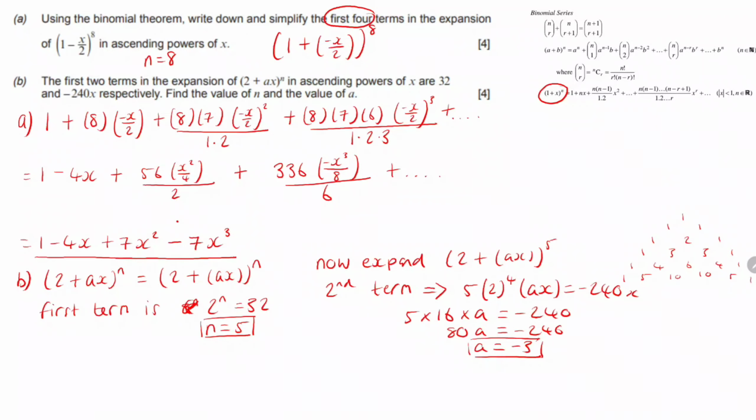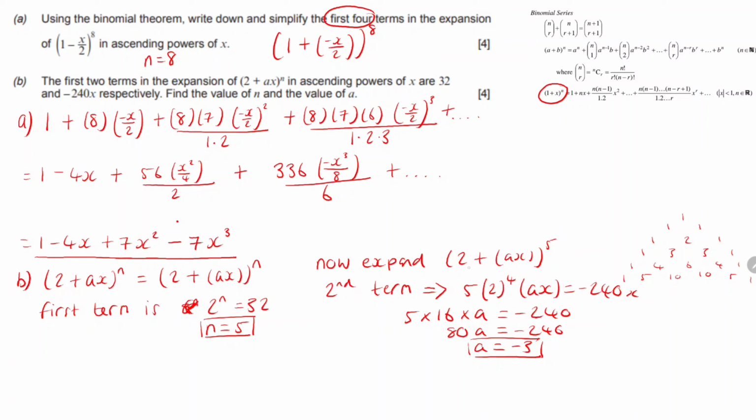Part B. It says the first two terms of the expansion are 32 and minus 240 respectively. Find the value of n and the value of a. So in order to answer this question, you have to use the fact that the first term was 32. So 2 to the power of n was 32, so n was equal to 5.